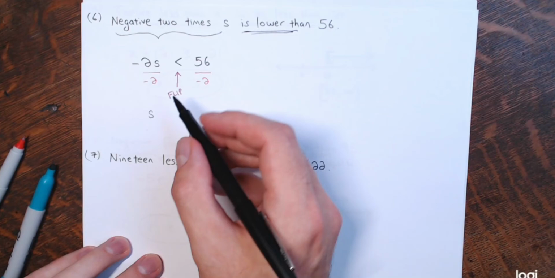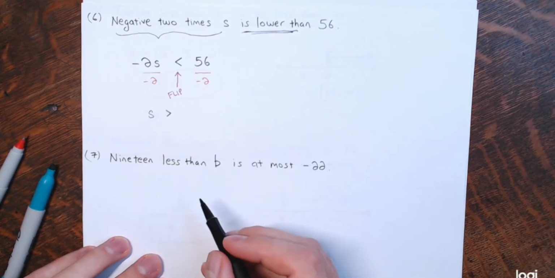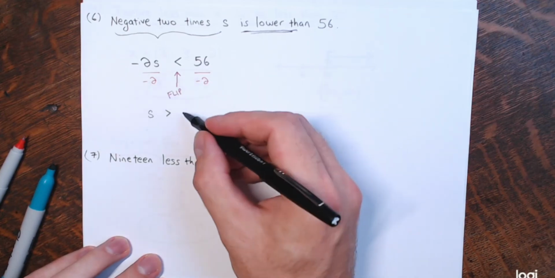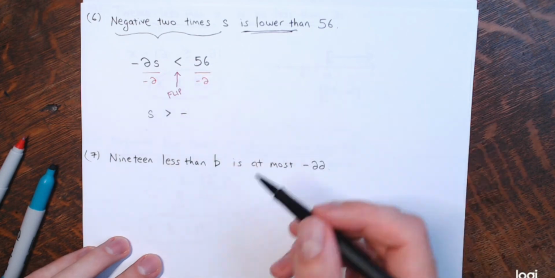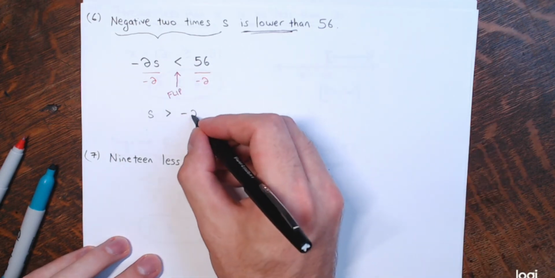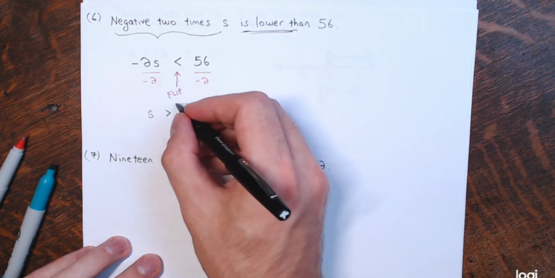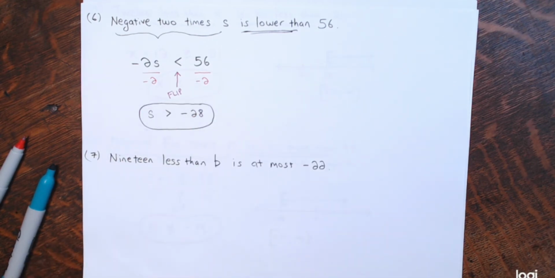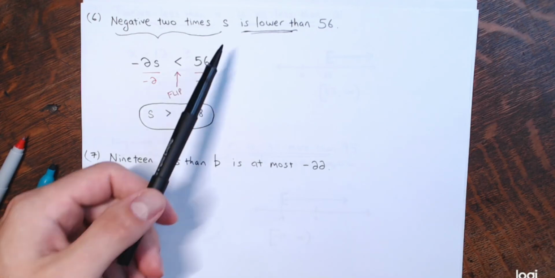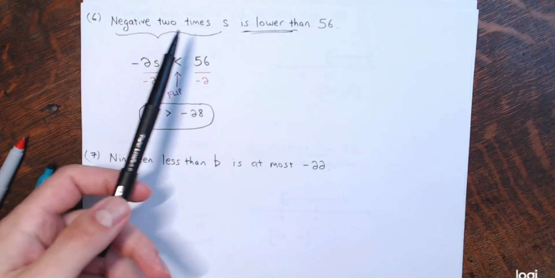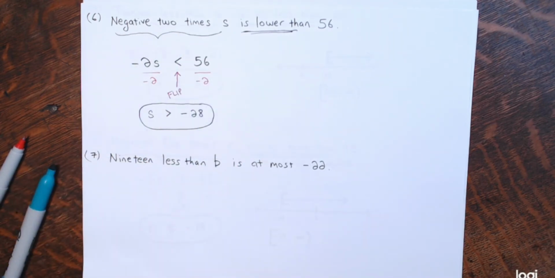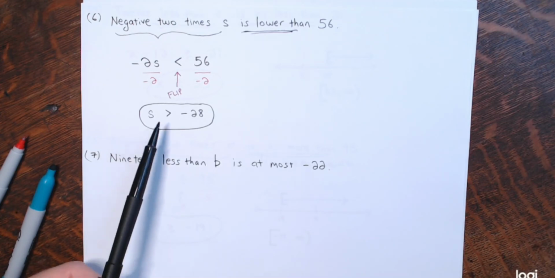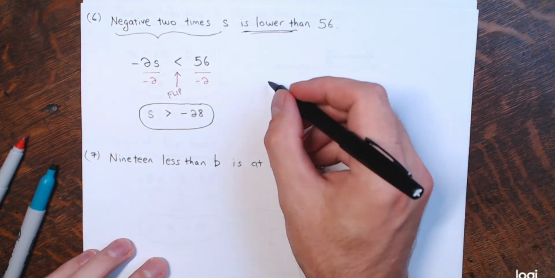This is less than becomes is greater than. And a positive divided by a negative is negative, and 56 divided by 2 is 28. Right, so there's a description of all the solutions, all the numbers I could replace s with and have this be a true statement. So s needs to be a number greater than negative 28.